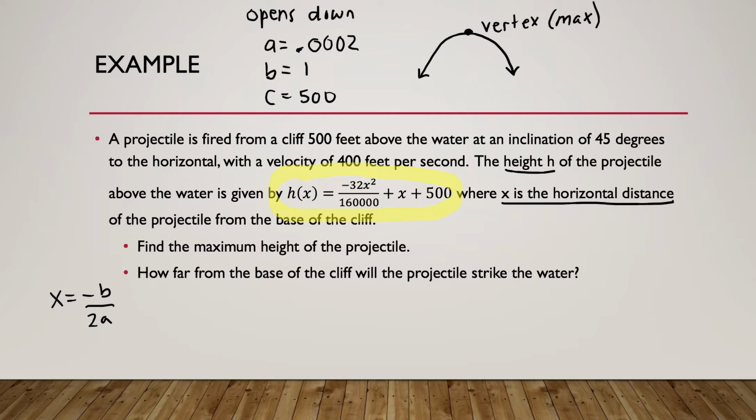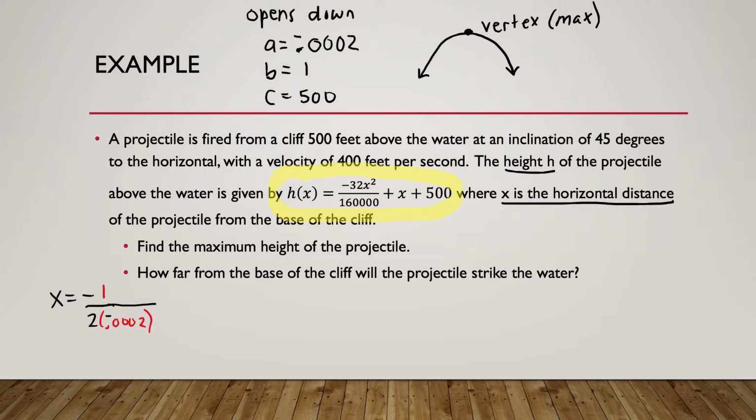Okay, so now I'm ready to plug in. In place of the b, I am going to plug in a 1. And in place of the a, I am going to plug in that decimal, negative 0.0002.